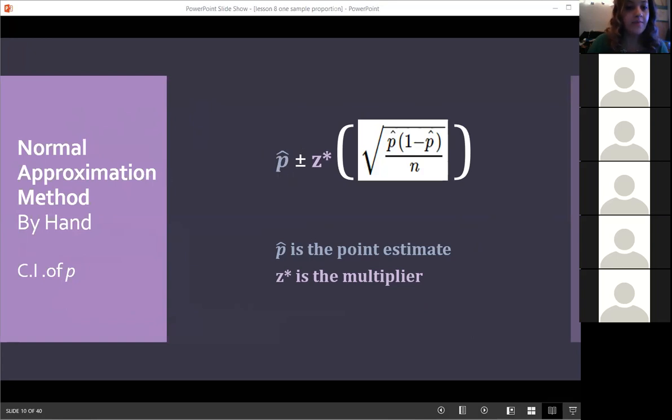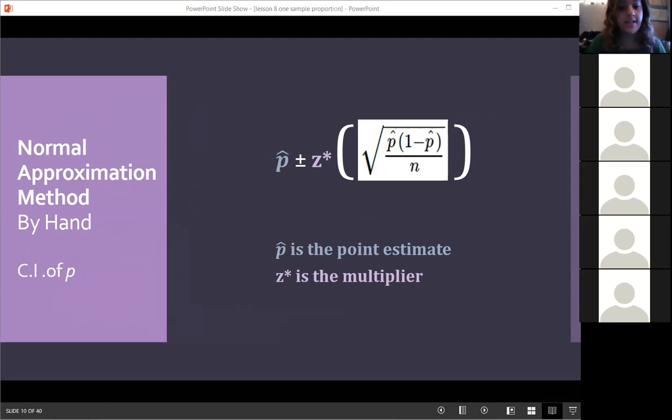And then for z star, just understand the value of this multiplier is going to increase as the confidence level increases. That makes sense because if we're thinking of a 90% confidence interval in comparison to a 95%, the z star for a 90% confidence interval is going to be less than our z star for a 95% confidence interval. It's going to be larger.